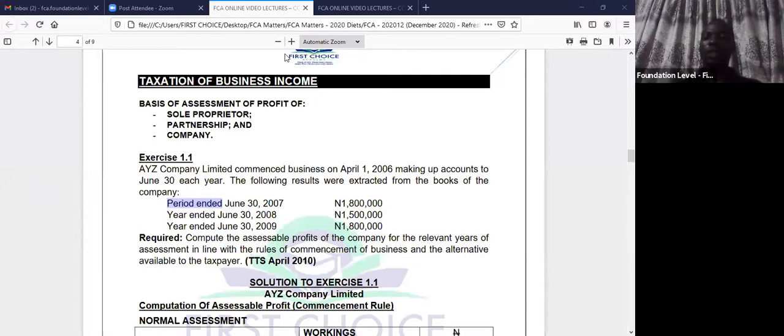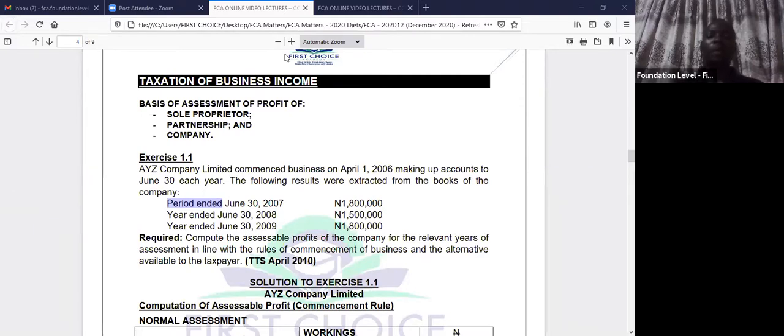Now, the three situations will form the bedrock of your basis period for today's class, which is, I call them the three C's: commencement of business, change of accounting dates, and cessation of business. So we are going to be talking about these three abnormal situations. And look out, I'll be telling you why they are not normal basis period. And I will tell you how you are going to deal with these abnormalities.